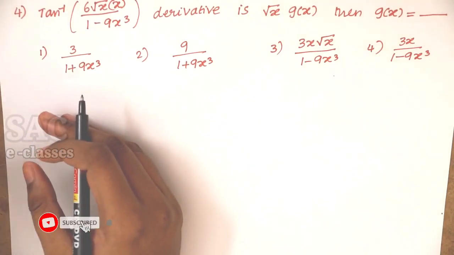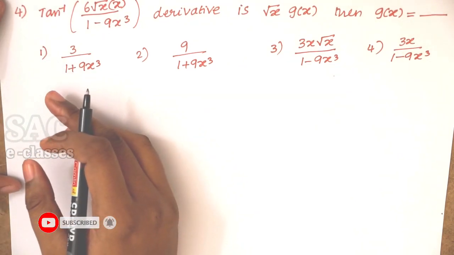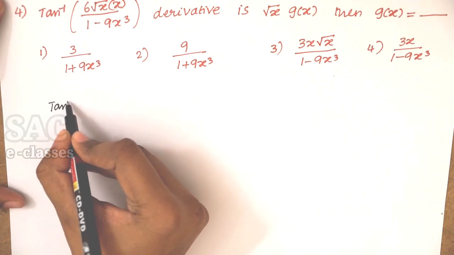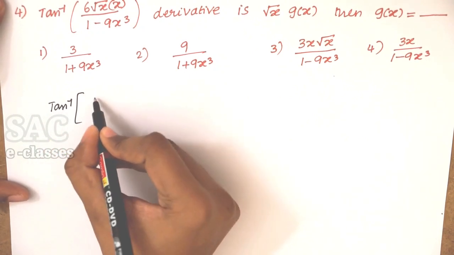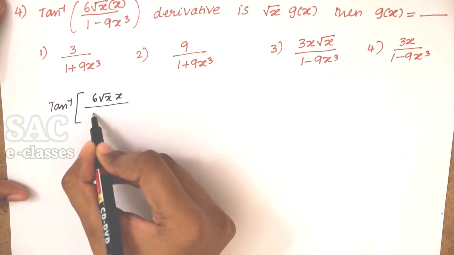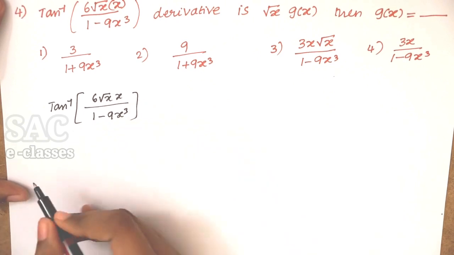Now I have brought one interesting topic to you, inverse trigonometric ratios. Simple, they are asking you tan inverse of 6 root x into x by 1 minus 9x cube, right?